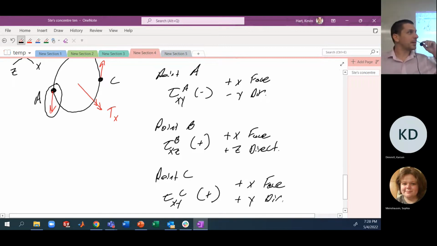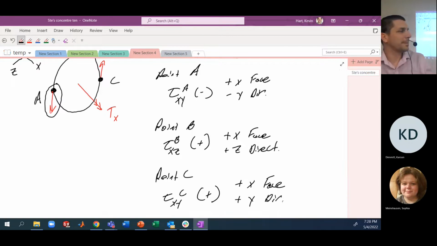Got that? You're kind of coming off the tangent of the circle with these torques, okay? It doesn't necessarily have to do with the positive or negative value of the torque itself, because this is generally a positive torque, but is producing a negative shear at A. So you want to get away from the idea of a positive or negative torque being associated with a positive or negative shear.